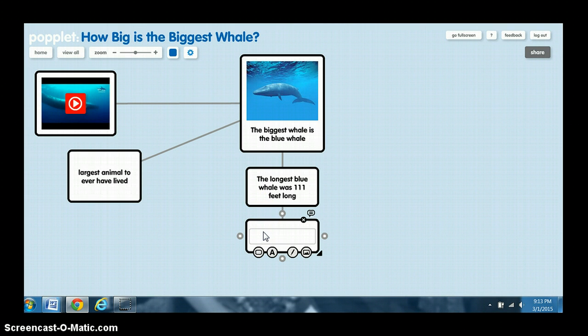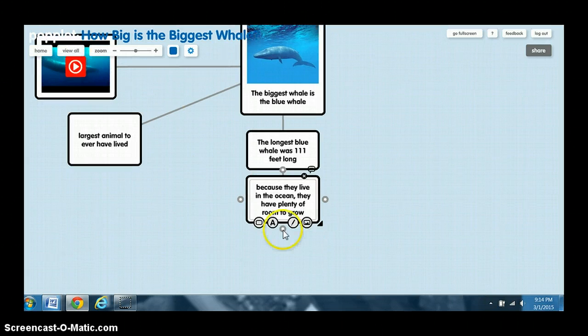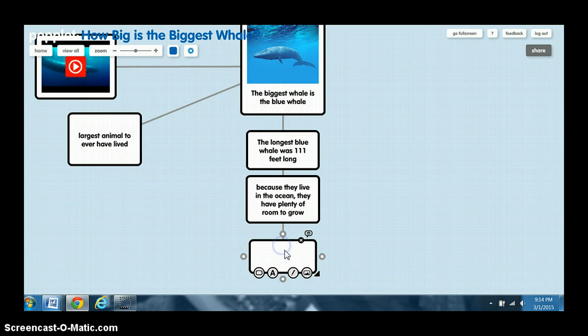And to add to that, I wanted to add that because they live in the ocean, they have plenty of room to grow, and scientists think that is one reason why. Another reason scientists think is also zero gravity keeps whales afloat so that their weight doesn't carry them down.